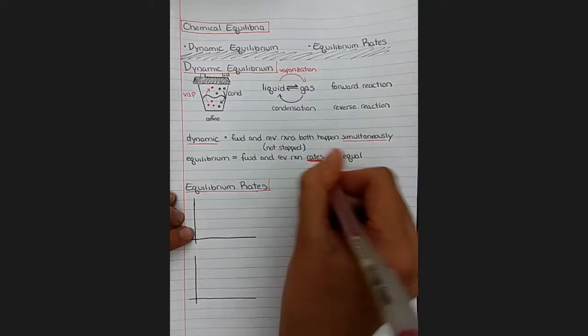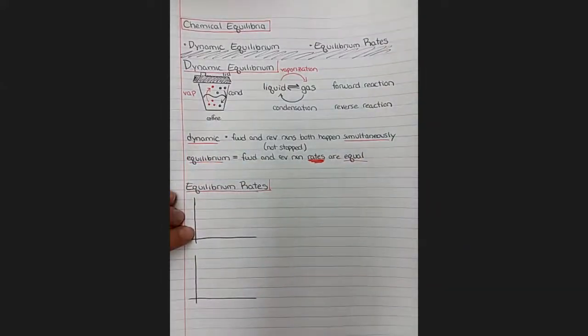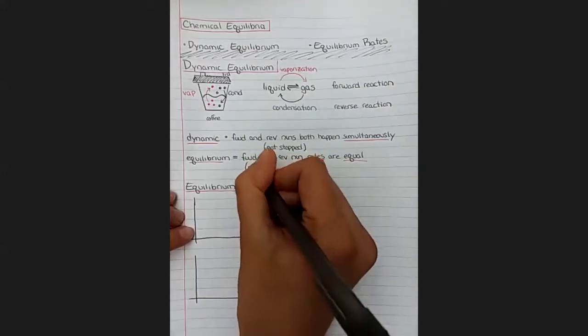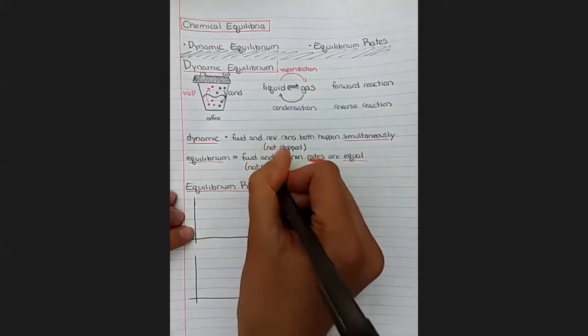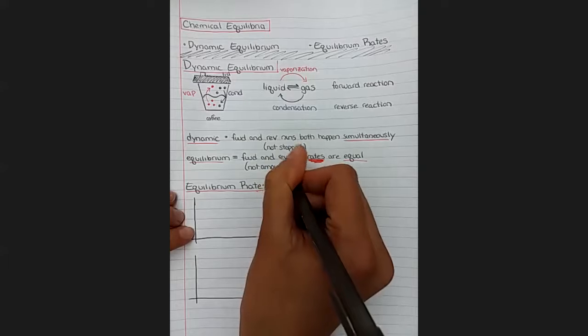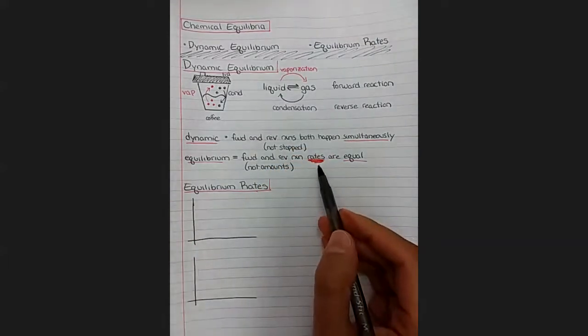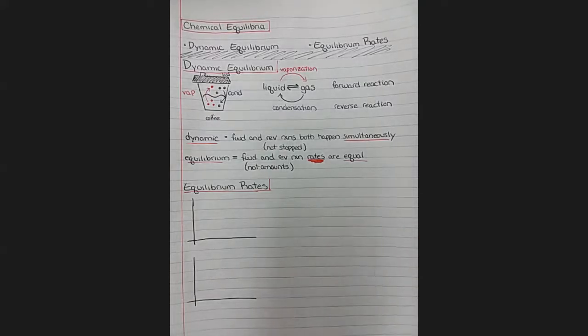So emphasis on rates are going to be equal. So the rates are going to be the part that's equal, not the amounts of reactant and product or anything else. The amounts are going to vary, but when the reaction rates are going at the same amount, that's equilibrium.